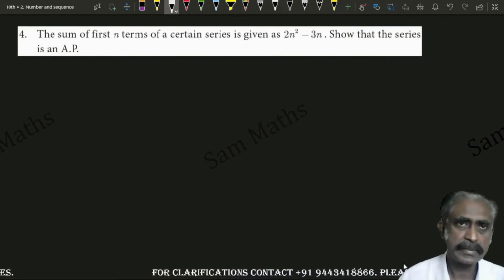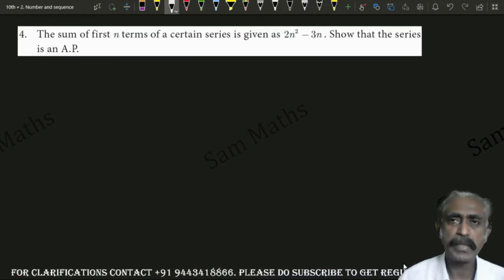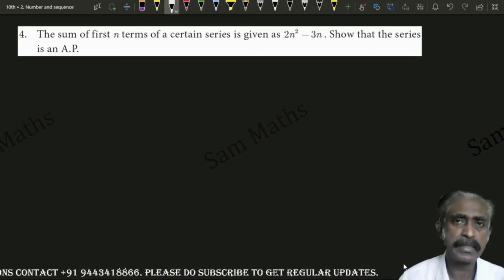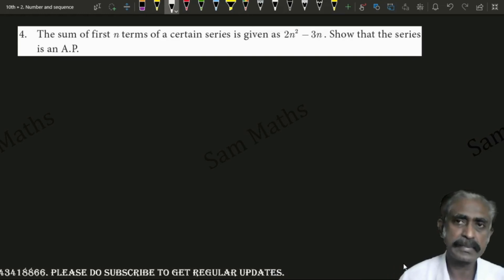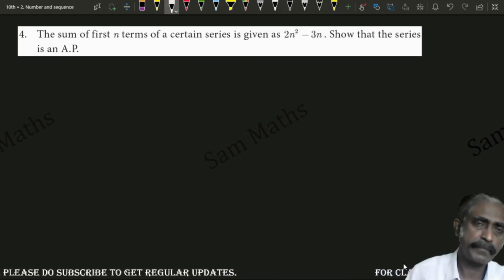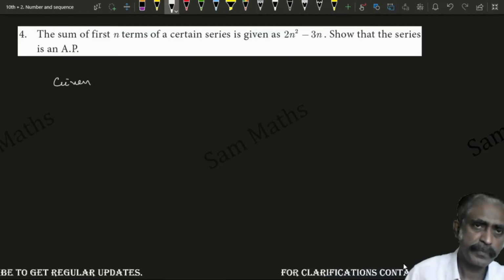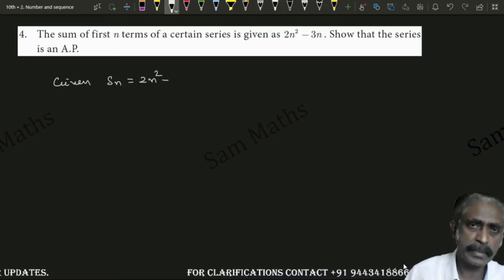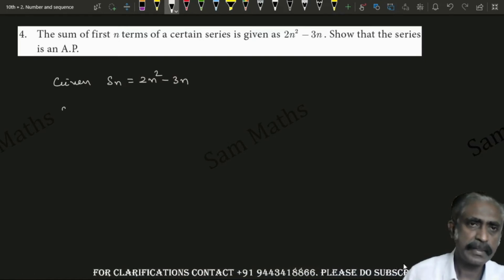Fourth sum, the sum of first n terms of a certain series is given as 2n square minus 3n. The difference between the previous sum and this is, previous sum they gave Tn, here it's Sn. So we can write given Sn is equal to 2n square minus 3n. From this we can find S1.